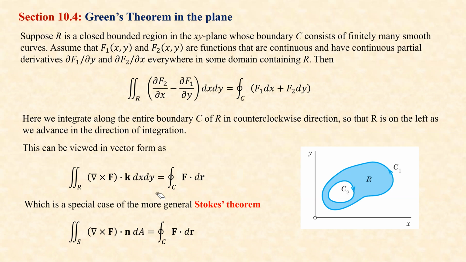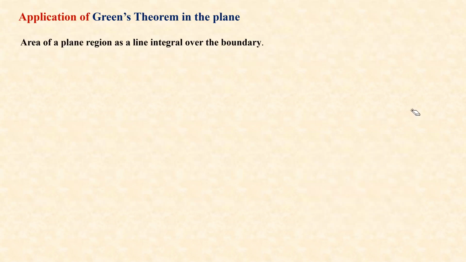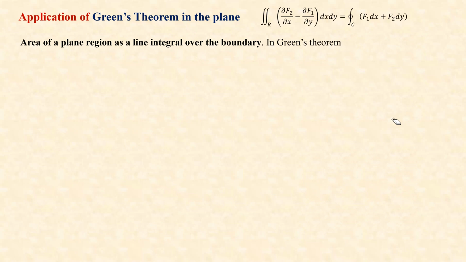All right, let's look at some of the applications of Green's theorem. We can find the area of a plane region as a line integral over the boundary. For example, in Green's theorem, you can take F1 to be 0 and F2 to be x. Then if F1 is 0, this derivative is 0, and the derivative of F2 with respect to x is just 1.